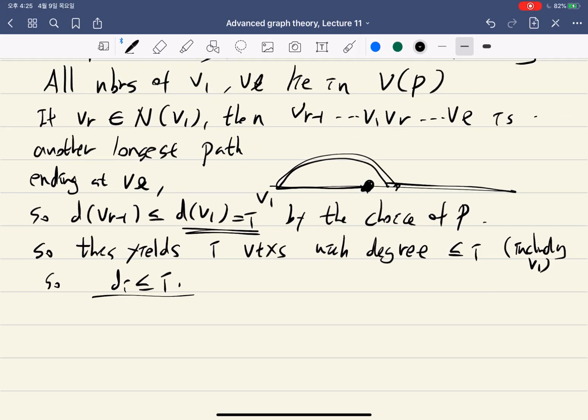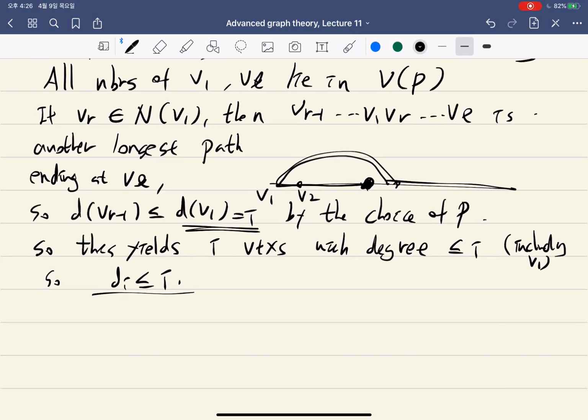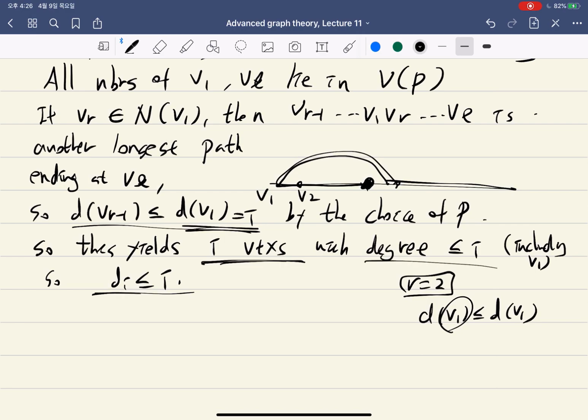So note that V2 is a neighbor of V1. So trivially, r equals 2 is satisfied. So this condition says that V1 is at most P1. So there are i vertices, including V1 itself, satisfying this. So we get this condition.